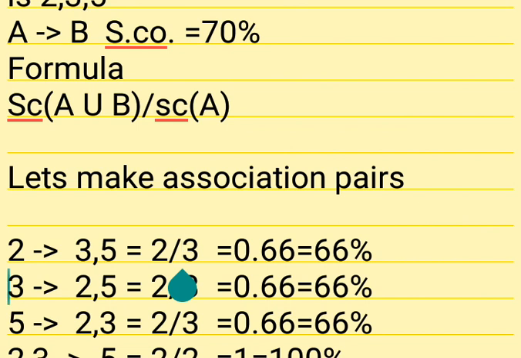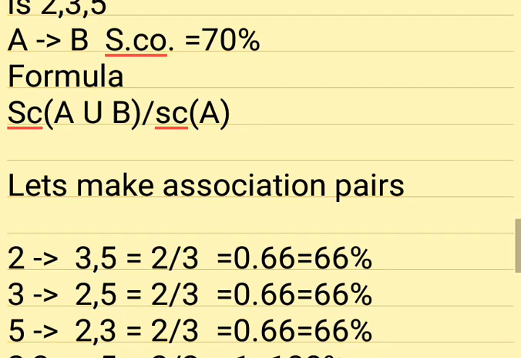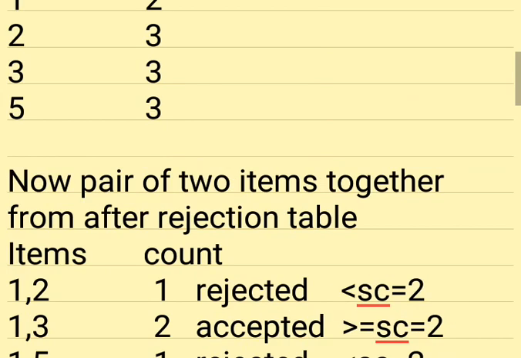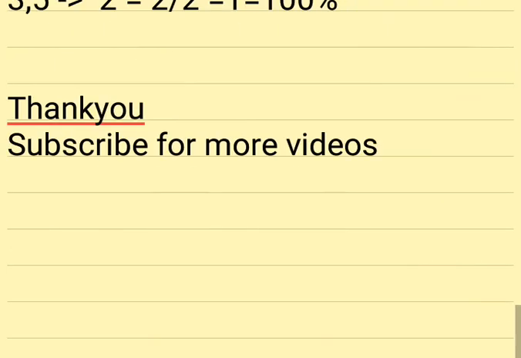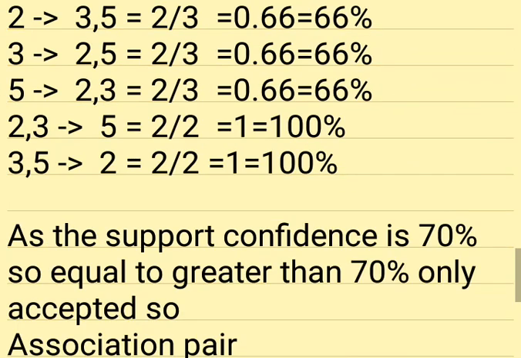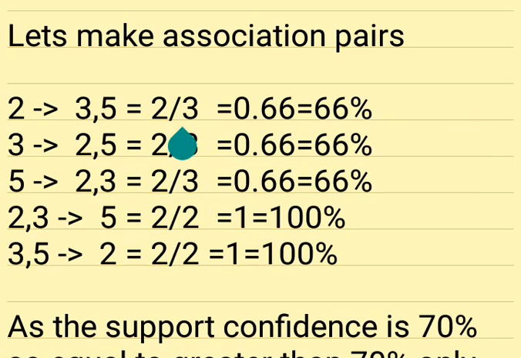We have to count only A, which is 2. Let's look upward: 2 has count 3, so that's why this 3 comes. Like that we have to do for all of these. The union will always be the same, only A will change.